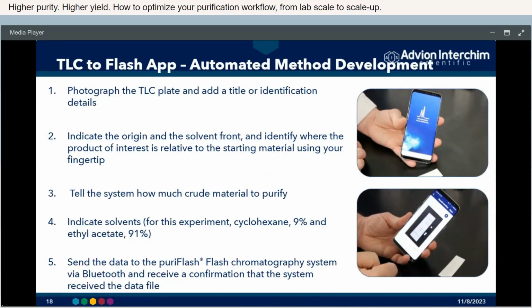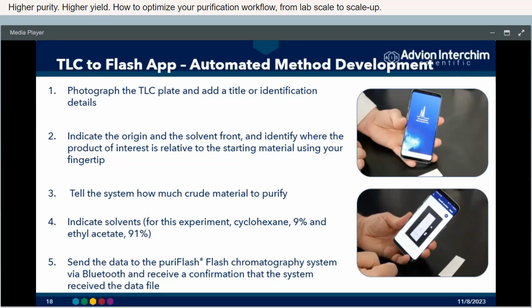Okay, so the TLC to Flash app is going to allow you to simply photograph a developed TLC plate. You can add information if desired. Okay, you'll indicate the origin and solvent front and identify where your product of interest is relative to the starting material using your fingertip.